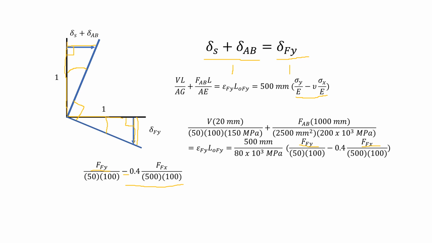Kumbaga, parang ang nangyari talaga sa kanya, na-compress siya hanggang dito dahil sa FFY, tapos may bawi na tension dahil sa compressive force sa FFX. So, naging positive tuloy yung FFY, negative yung FFX.